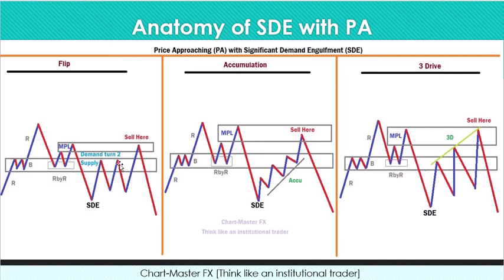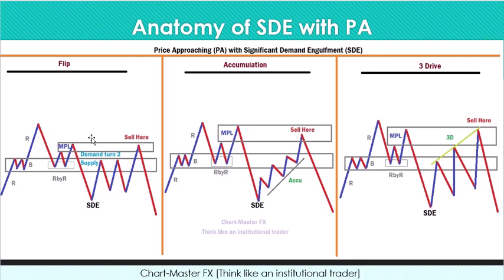Or else sometimes you may have a flippy but fail to have a fake out, or it might be a fake out alone. But usually when it's a fake out alone, or a flippy alone, it's not that strong. It becomes strong when we have a flippy and a fake out at the same time. So this is an example of the SDE with flippy.